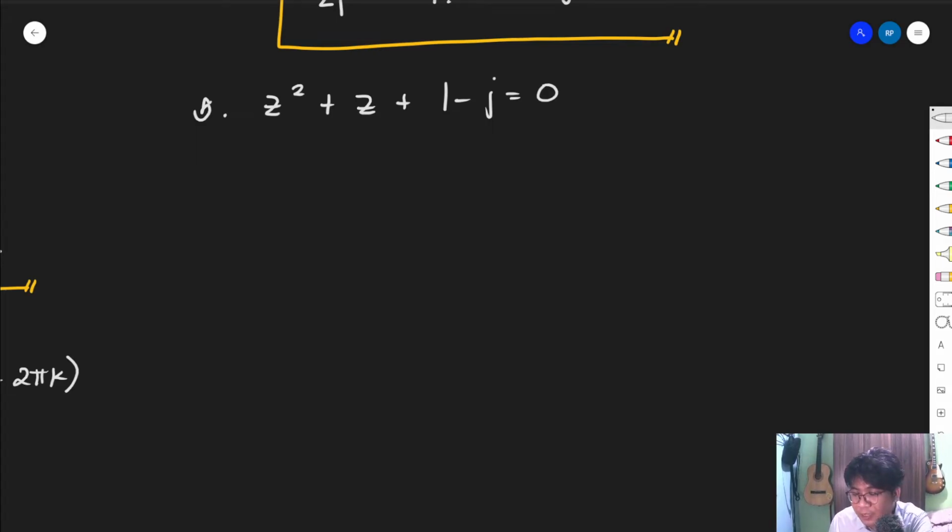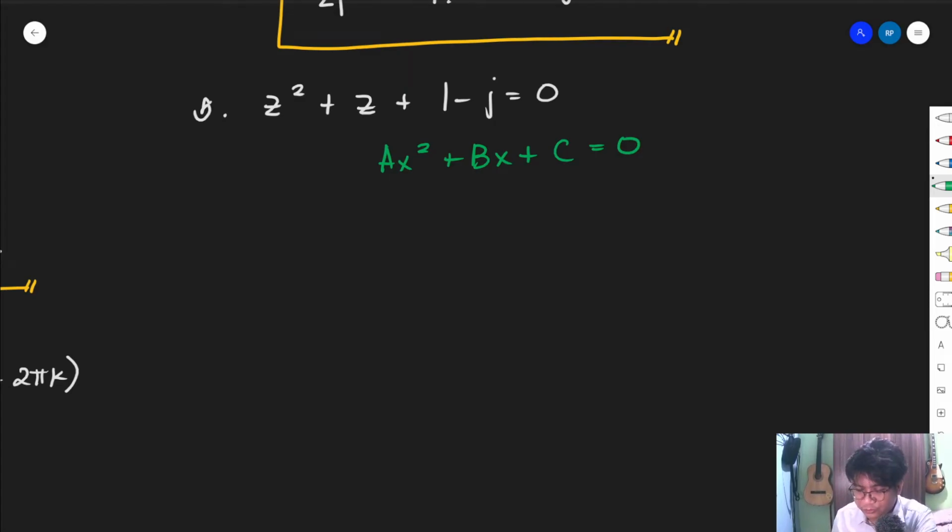So, the quadratic equation. So, ano ba yung quadratic equation natin, no? So, review tayo ng ating high school algebra, no? So, we have ax squared plus bx plus c equal to 0. No? So, ito yung quadratic equation natin.